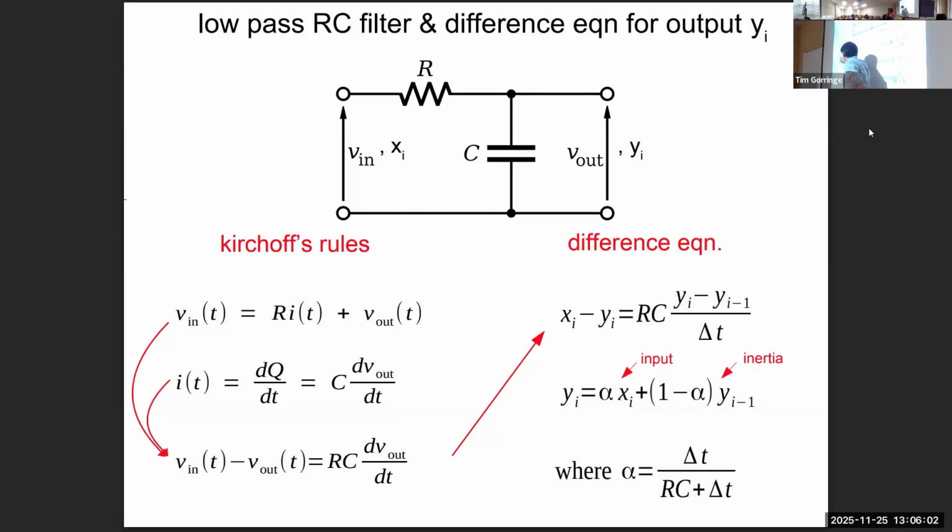That input voltage is shared between the two components in that circuit, the resistor and the capacitor. They're in series, so the input voltage equals the voltage across the resistor plus the voltage across the capacitor, which is the output voltage. So this is Kirchhoff's voltage rule applied to those two elements.